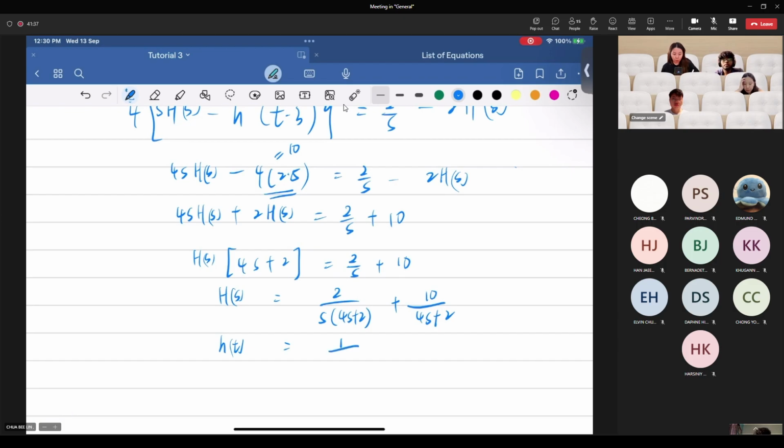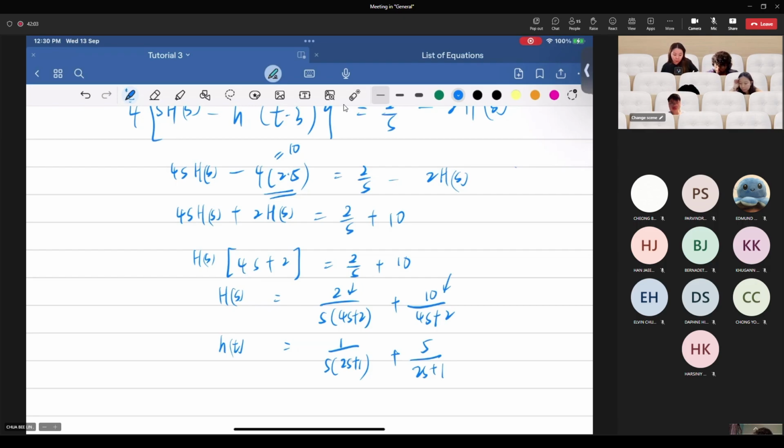So it's 1 over s, 2s plus 1, 5 over 2s plus 1. Means you have to get the simplified fraction. These two, they are not in simplified fraction. You still can simplify further by dividing the whole thing by 2. So you will get the answer of this one, which we say this is the simplified fraction.